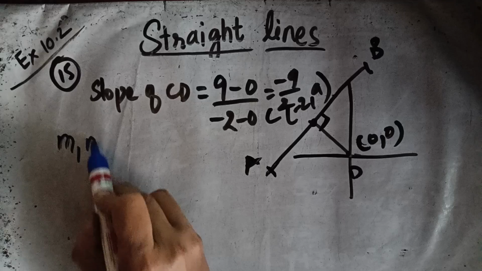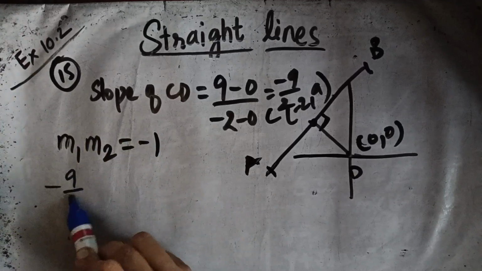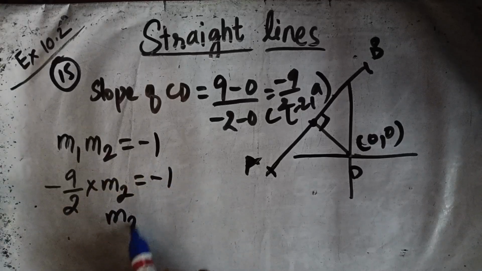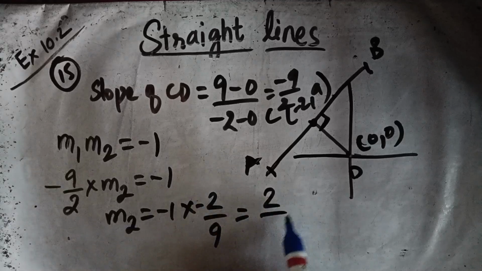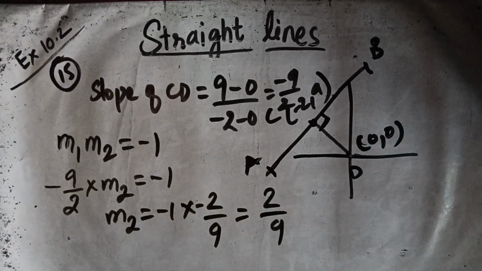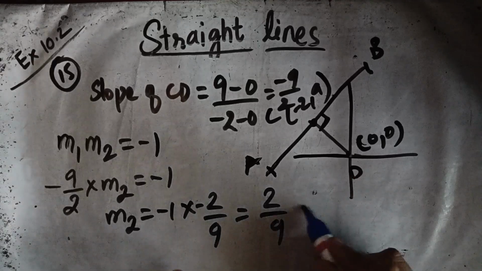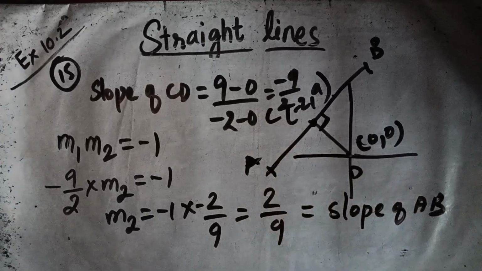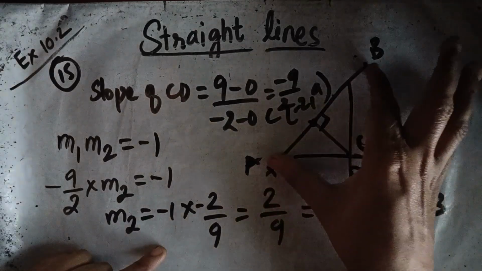So m1 m2 equal to minus 1. m1 we have minus 9 by 2. So m2 is 2 by 9. Okay. So this is the slope of the other line, that is the slope of AB. And we have to find the equation of this line AB.